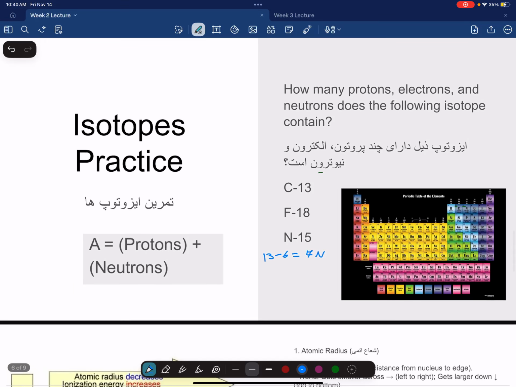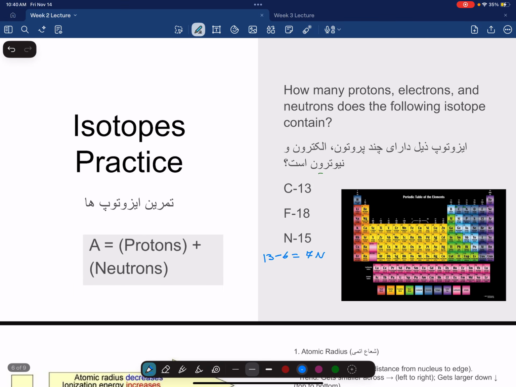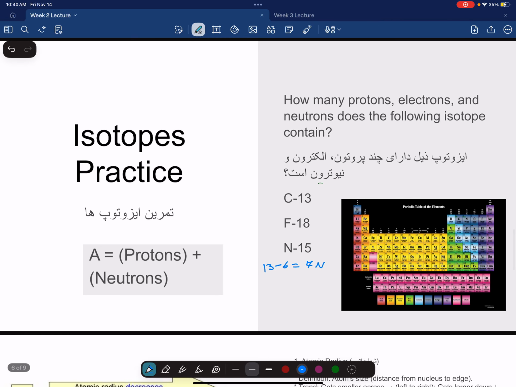And then the question asks us how many protons, electrons, and neutrons the following isotope contains. We know that it has 6 protons and 7 neutrons. How many electrons does it have? If we look at this atom right over here, there's nothing to tell us that it's positive or negative, so we're going to assume that it's neutral.